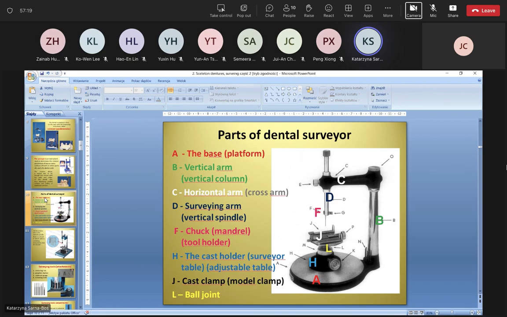So let's talk about the parts of the dental surveyor. I marked them using different colors and different letters. Let's start from the letter A, the red one. This is the base, the platform of the parallelometer.